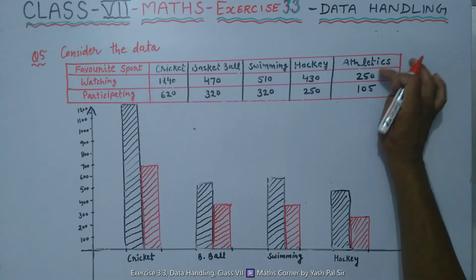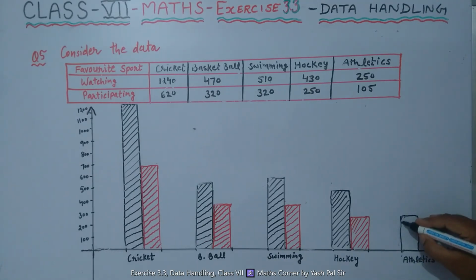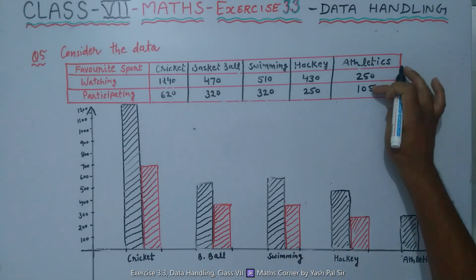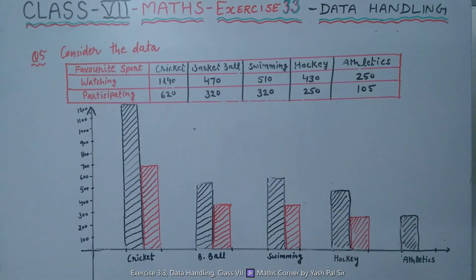The last one is athletics, 250 as watching. Next is 105 participating in athletics, just above 100. This is the height. So this is the double bar graph.